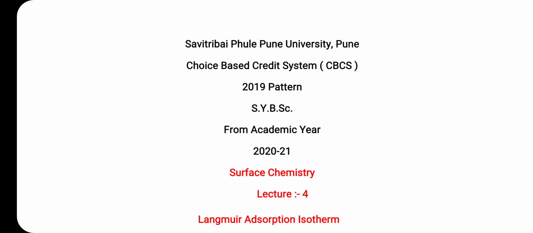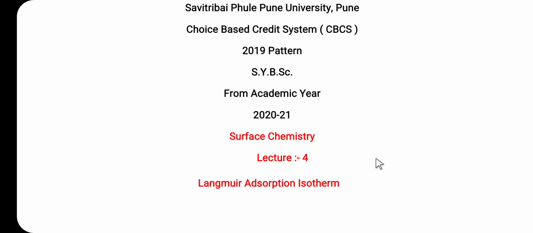In the last lecture of surface chemistry, we discussed the adsorption isotherm. All of you know that when we consider the adsorption isotherm, there are two types: number one is the Freundlich adsorption isotherm and number two is the Langmuir adsorption isotherm.